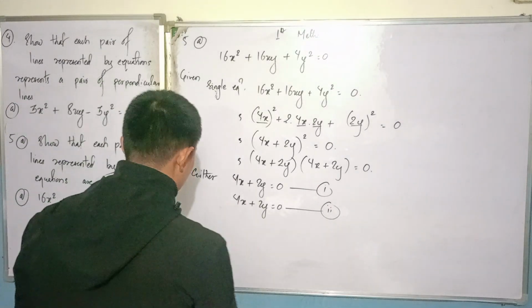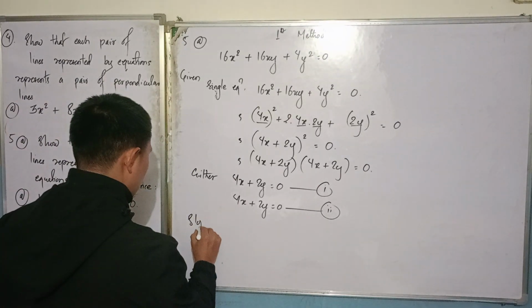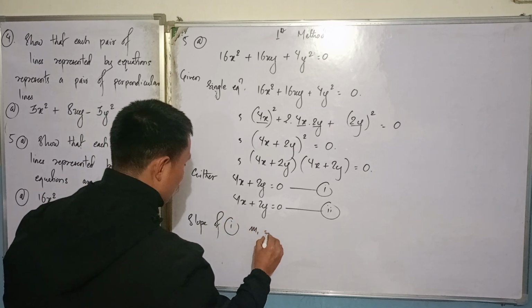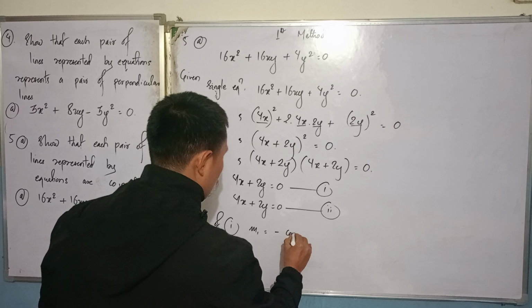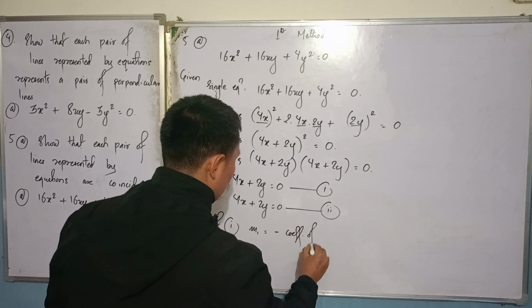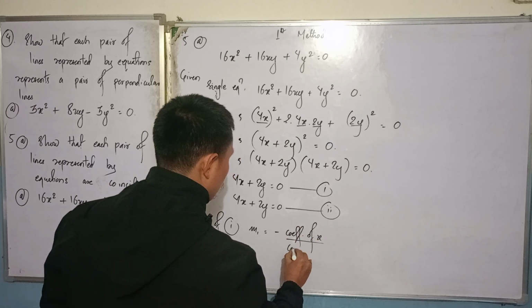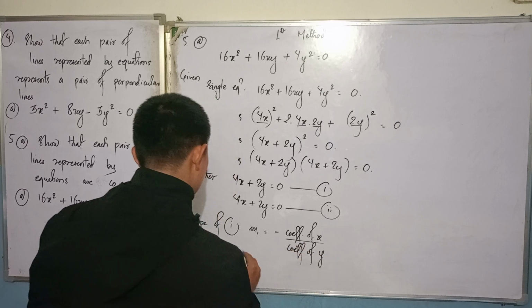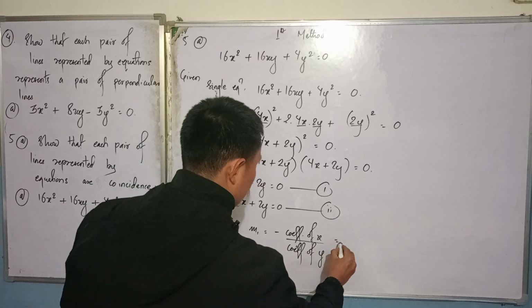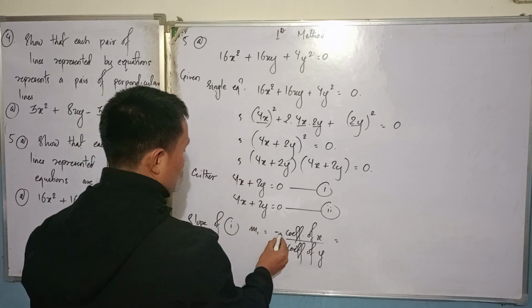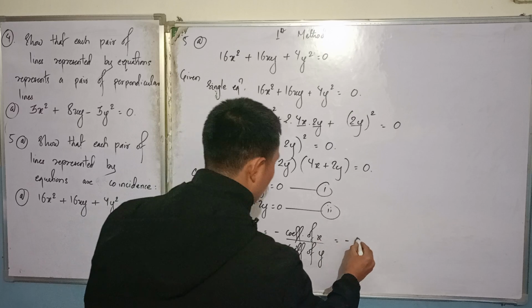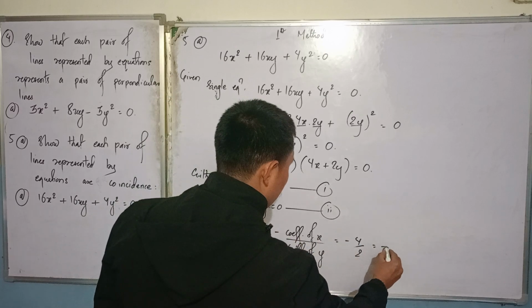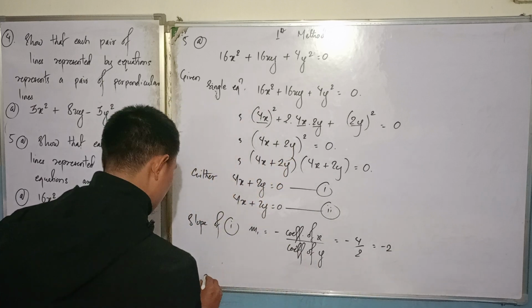Now slope of I, suppose this is m1, is minus coefficient of x divided by coefficient of y. So here the slope will be minus coefficient of x 4, coefficient of y we have 2, which is negative 2.